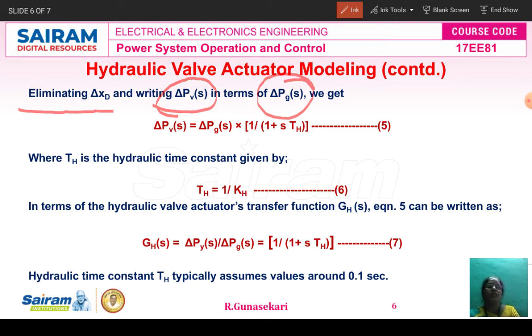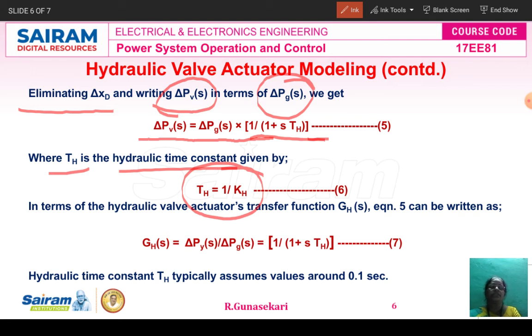We get equation number 5: del PV of s equals del PG of s into 1 divided by 1 plus s into Th, where Th is the hydraulic time constant. T is for time constant, subscript h denotes hydraulic. How to calculate the time constant? Th is 1 divided by Kh, where Kh is the constant for the hydraulic valve actuator.